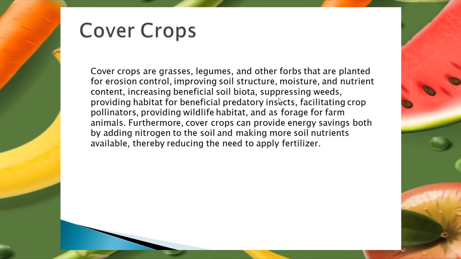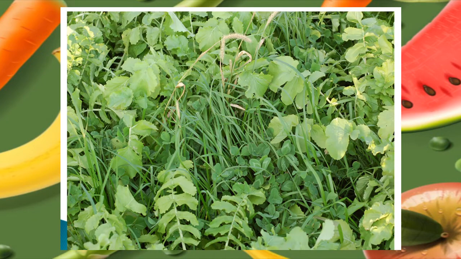It also facilitates crop pollinators. Means these cover crops are very useful for the soil. Here you can see the picture of the cover crops. So they act as a green manure.